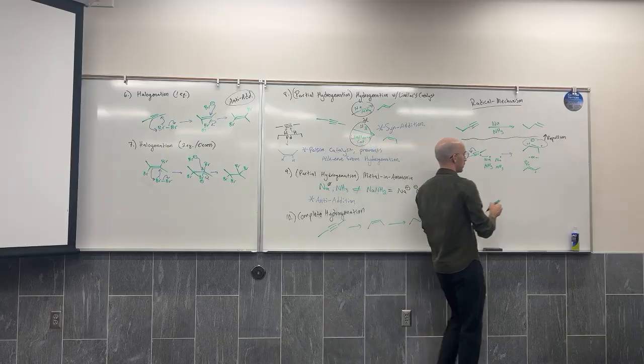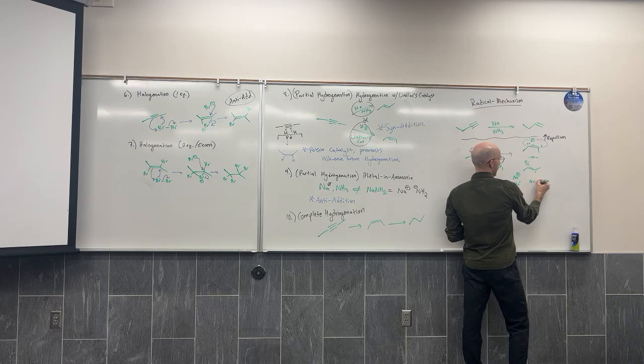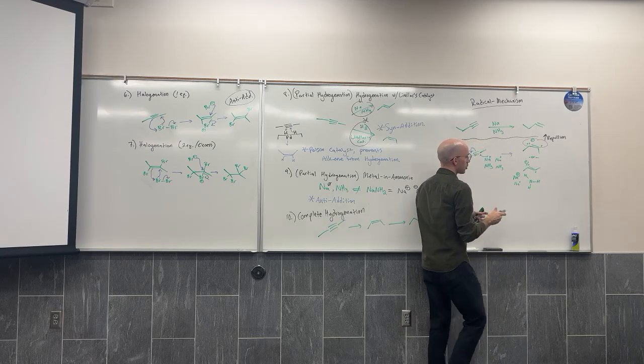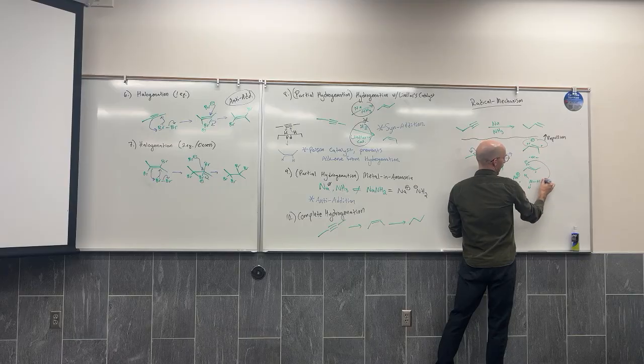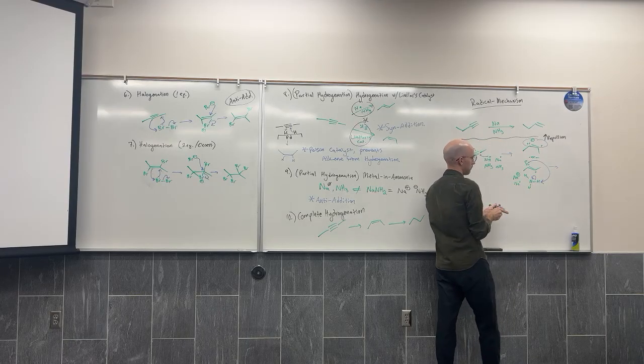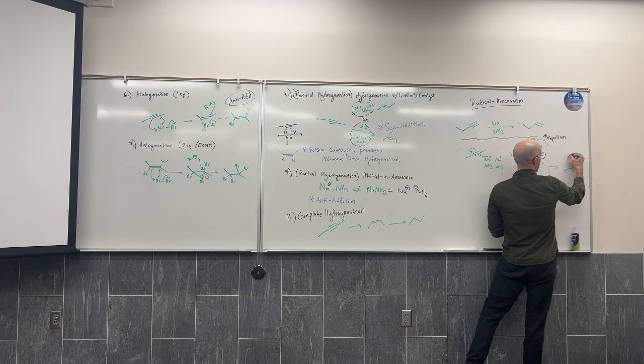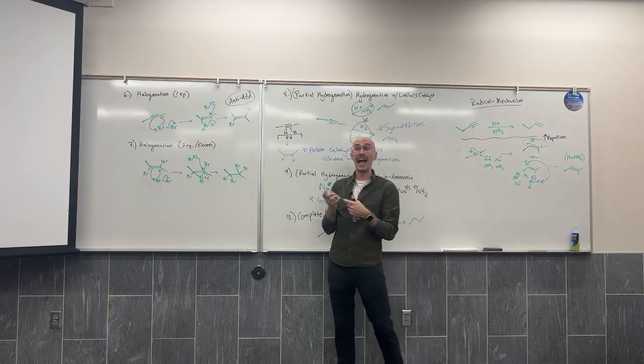That gives us sodium plus our second equivalence. And now ammonia serves as an acid. So we protonate our new alkene.